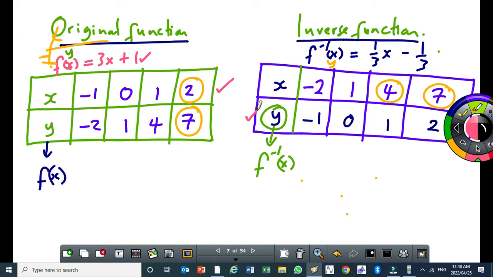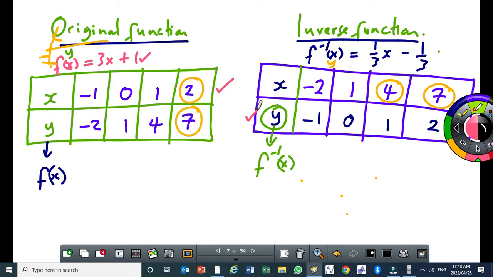That's the concept. So these x values there will become the y values of the inverse. If I ask you now to substitute these x values into the equation of the inverse, you will get these values. And remember, if you put in an input, that's x, and if you get an output, that's y.